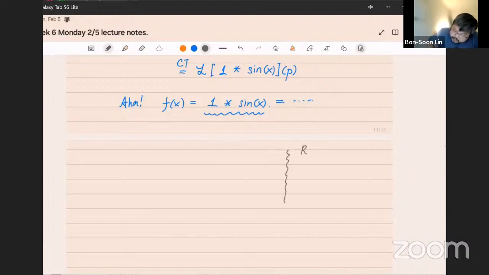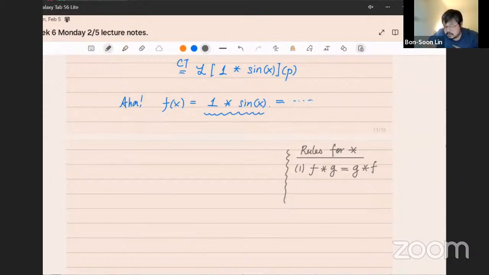Here are some rules for convolution. And these rules are very easy to remember because they mimic rules for multiplication. So the first rule is that the convolution of f and g is g with f. So in algebra, what would you say convolution is? If f star g is g star f, then we say star is, do you remember a word that describes this?